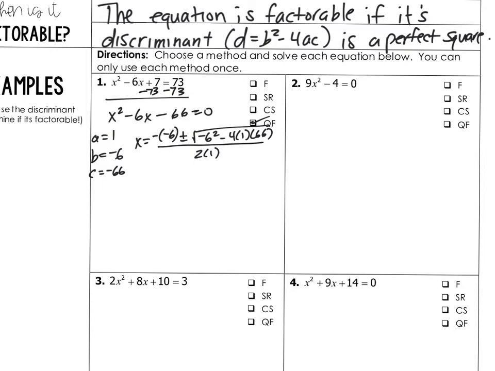Check that out. So let's simplify the discriminant first. Negative 6 squared is 36. Negative 4 times 1 is negative 4. Negative 4 times 66 is negative 264.